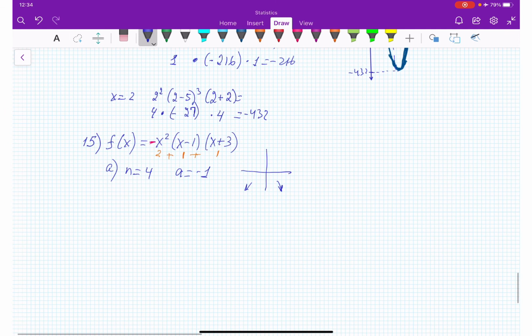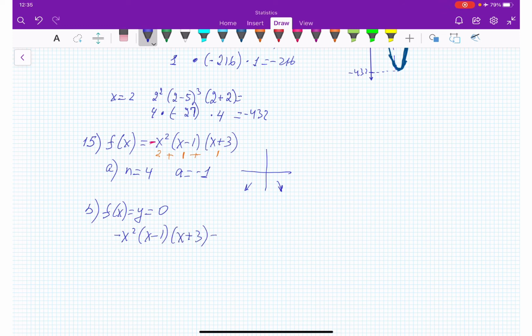Next, x-intercept, I'm sorry. F of x equals y equals 0, so negative x squared times x minus 1 times x plus 3 is equal to 0.